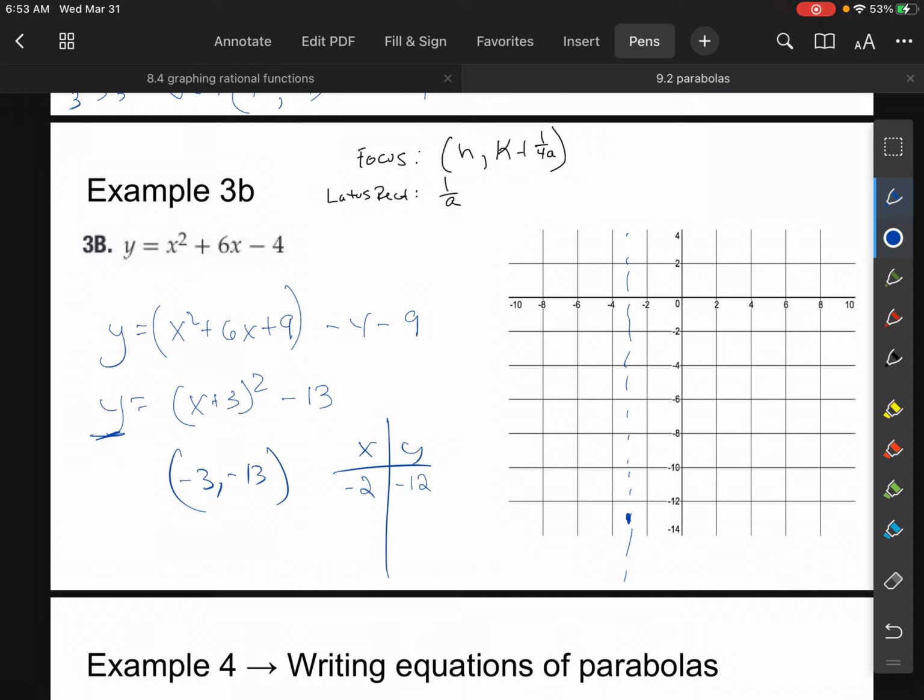So at -2, I'm at -12, which means at -4, I'm at -12. Plug a 0 in, I get 3 squared, which is 9. 9 minus 13 is going to give me -4. So at 0, I'm at -4, and that means at -6, I'm at -4. That's really all you need, those key points, to get your shape. And you're done.